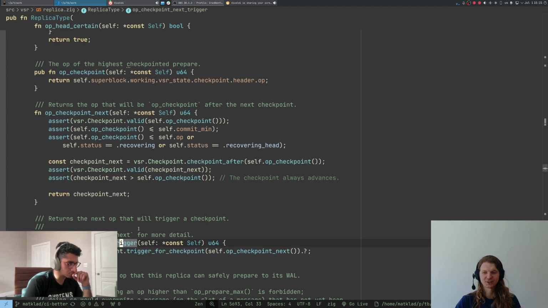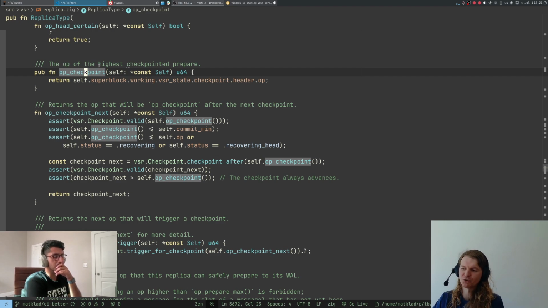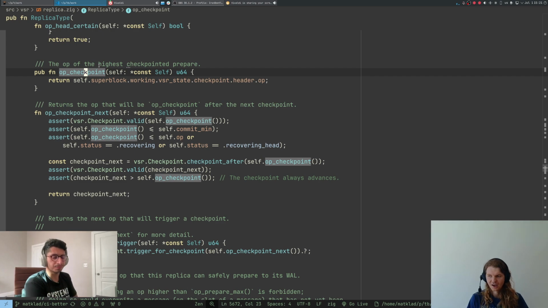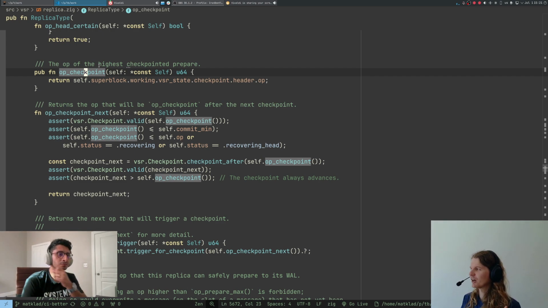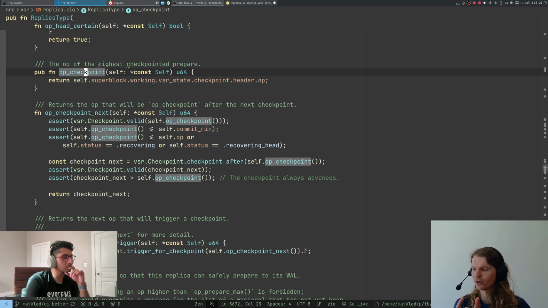We don't need to know the trigger for the current checkpoint because if this checkpoint exists, that means that we are actually past the trigger already. There is a subtle thing here, because when you start from disk after a crash, you start from a checkpoint.